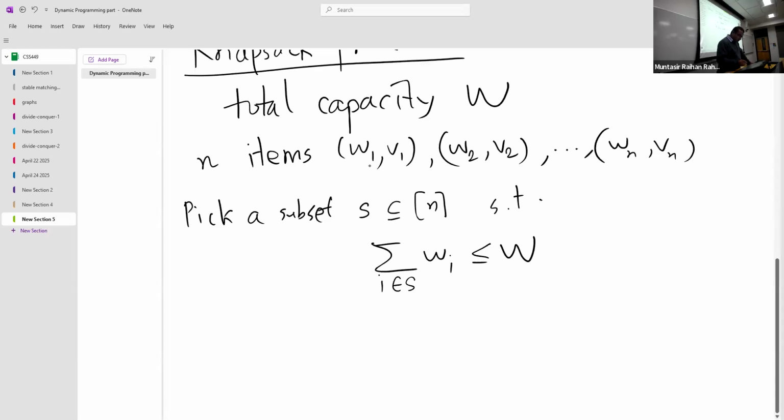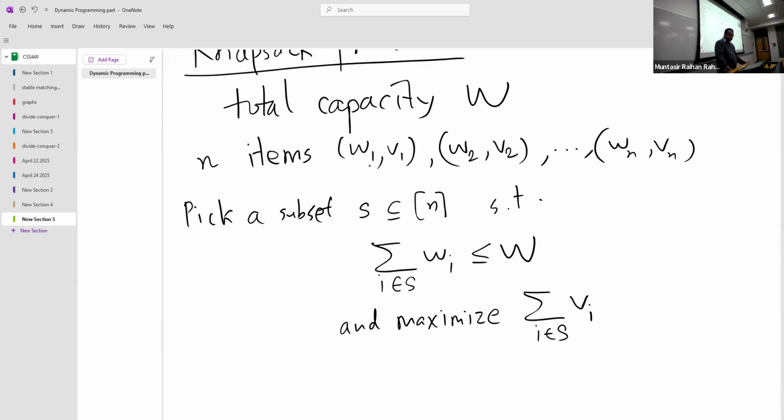That's your capacity constraint, and you want to maximize the summation of the value of all the items you pick. So that's your problem.